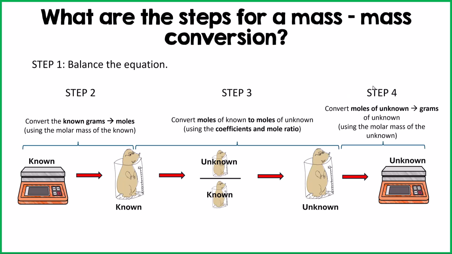And then our new step is going to be using the moles of the unknown substance to convert to grams of the unknown substance. And we're going to use the molar mass of whatever this unknown substance is in order to do that. So mass to moles, mole ratio, then moles to mass.